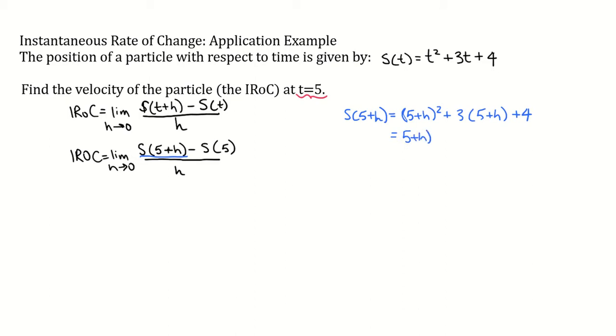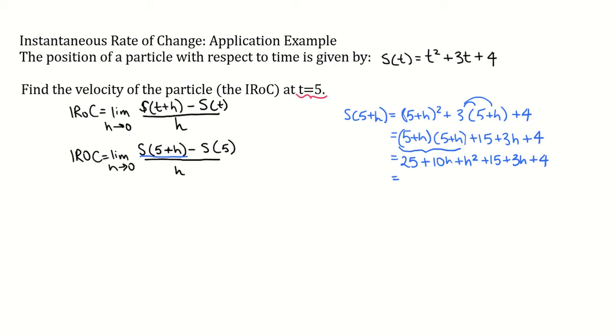Recall that 5 plus h squared means 5 plus h times 5 plus h. And then here we can distribute the 3, so plus 15 plus 3h plus 4. Expanding this, we get 25 plus 10h plus h squared plus our other terms, 15 plus 3h plus 4.